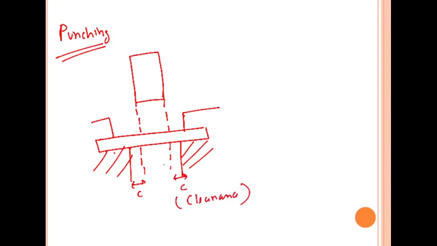So this is the punch, this is the sheet metal, this is the die which will be there in order to punch out the hole, and these will be the sheet metal holders.